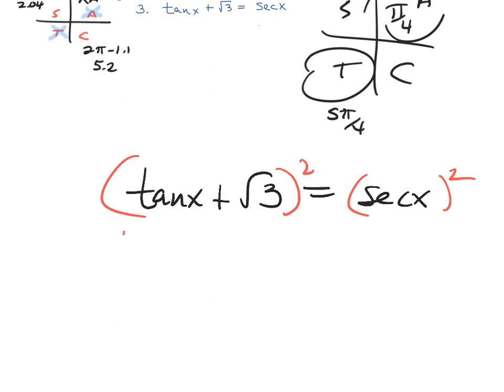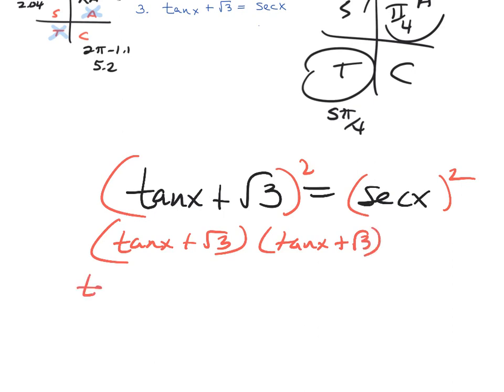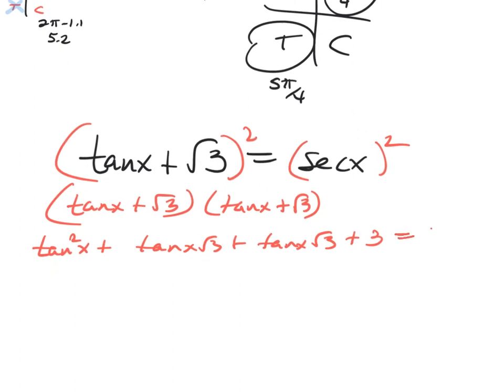So I'm going to end up FOILing this, tan x plus root 3, tan x plus root 3. So when I FOIL this, I get tangent squared x plus tan x root 3 plus tan x root 3 plus 3. And then I still have the secant squared x now.